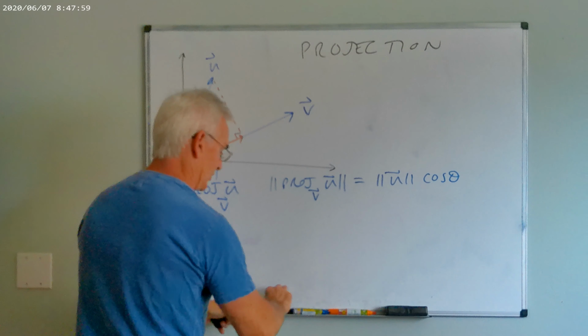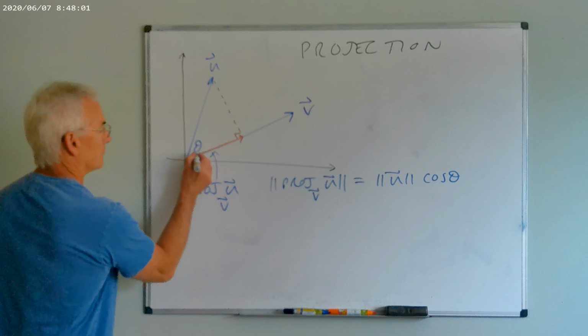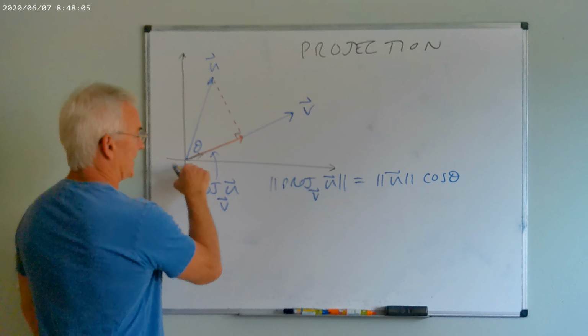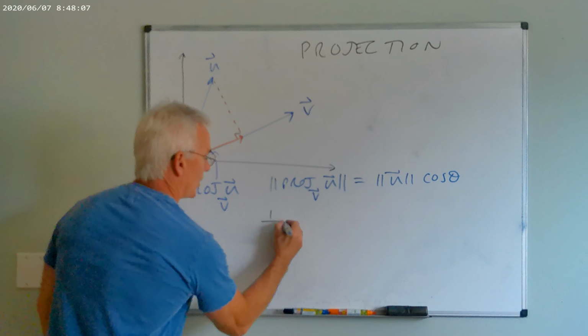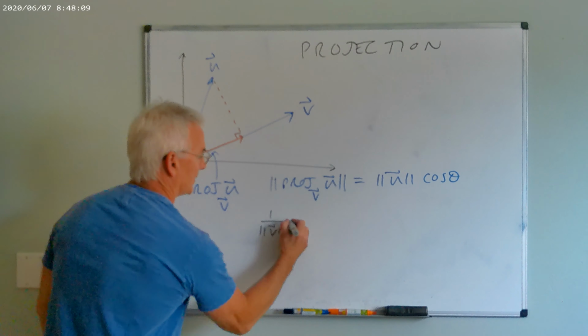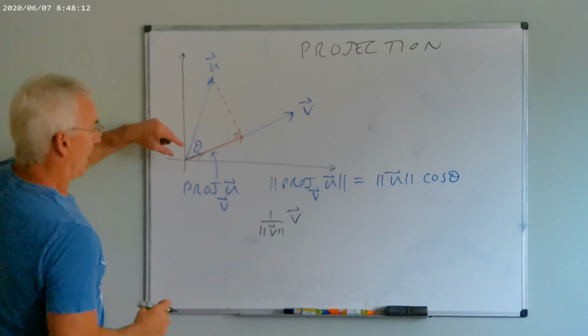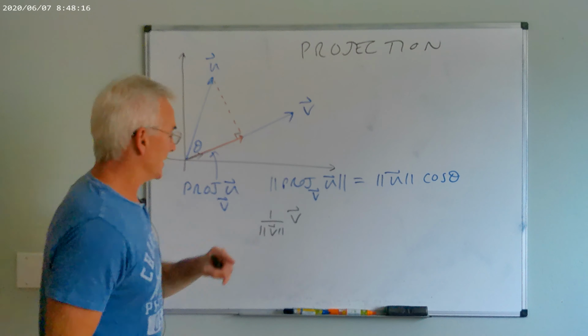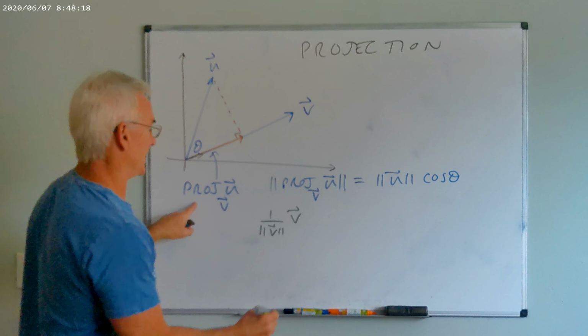So let's suppose the unit vector in the direction of v is maybe that much. It's a short little piece. So this vector right here would be 1 over the length of v times vector v. I want to take that unit vector, I want to multiply it by this magnitude. In doing so, I will get the projection vector.